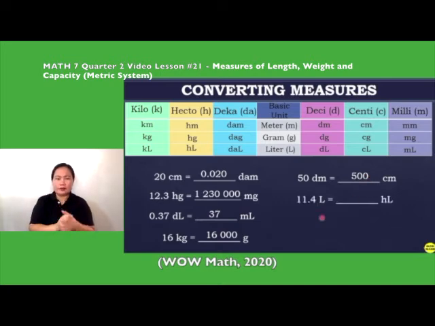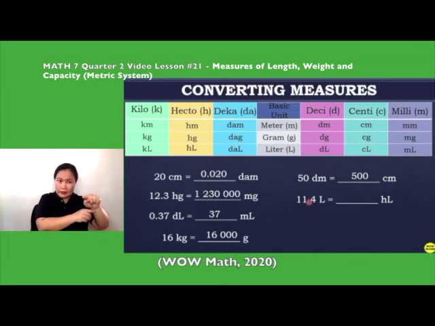Next. So, I have 11.4 liters. How many hectoliters? So, liters to hectoliters. So, ito po. Simula tayo dito. So, 1, 2. Ulitin ko ha, liters to hectoliters. 1, 2. Kung ano yung nauna, dun ka magsisimula. So, 1, 2. Dalawa. Dalawa pa left.